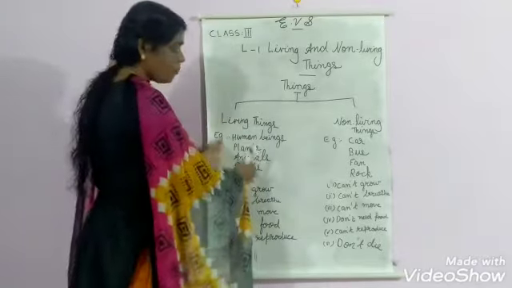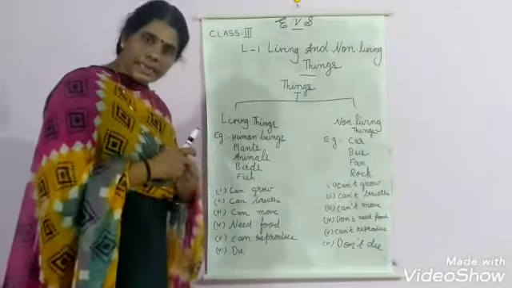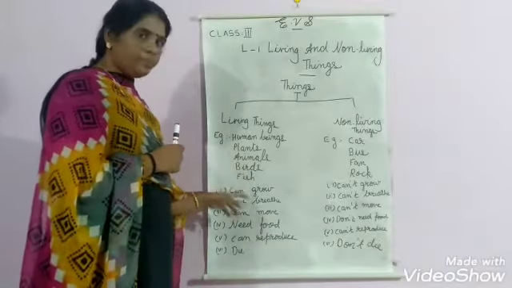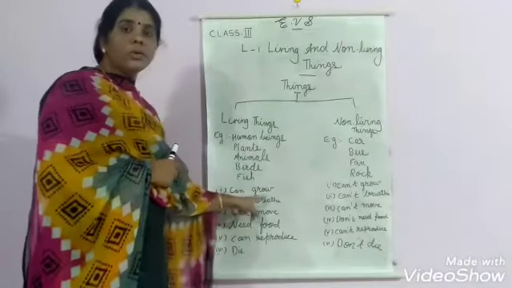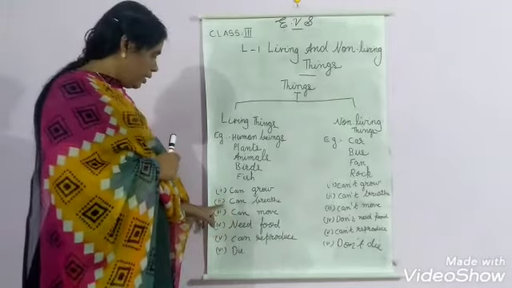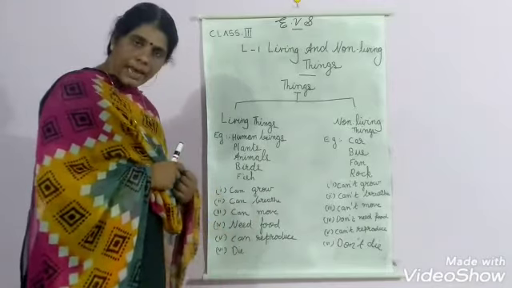All these have some common properties, some common characteristics. What are they? Living things can grow. Living things can breathe.